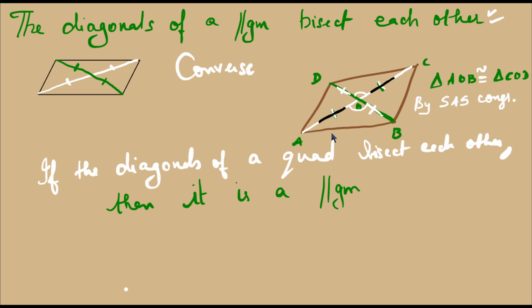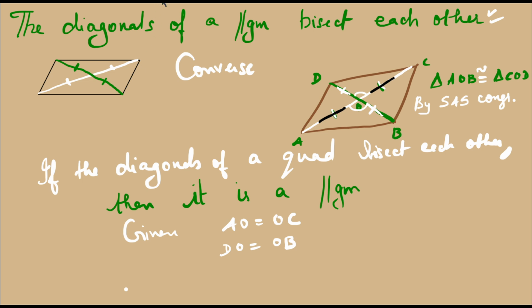Now, what is to be proved? Let me state properly. What is given to us is AO is equal to OC and DO is equal to OB. These two are what is given to us. The diagonals bisect each other in this quadrilateral. And what do we have to prove?